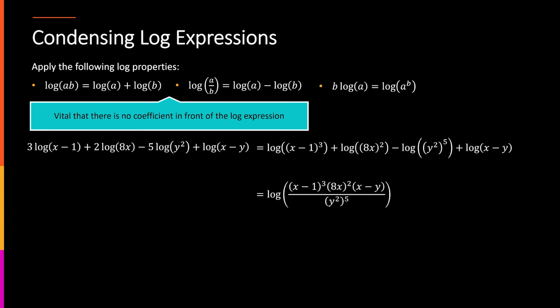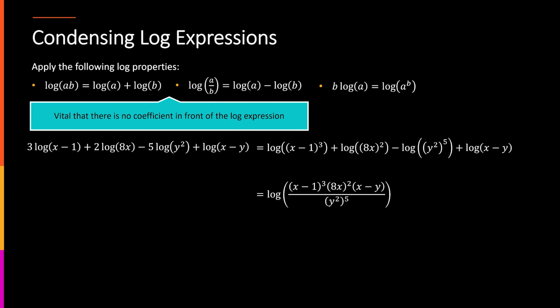So I'm going to end up with something that looks like this. This is added, this is added, this is added, so each of those things become parts of the top using the first property. And then this thing is being subtracted, so that means the part that is subtracted, the minus log b, goes in the bottom. So that argument, the y squared all to the 5th, goes to the bottom.